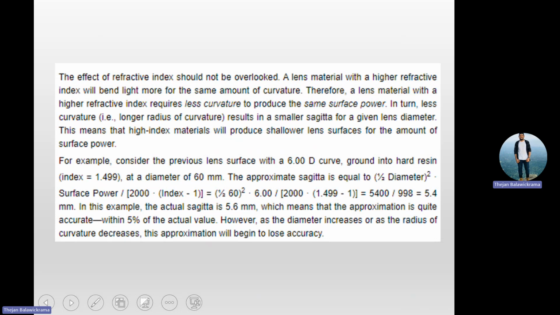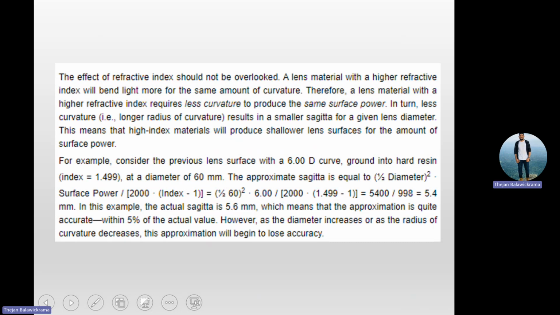A lens material with a higher refractive index will bend the light more for the same amount of curvature, and therefore requires less curvature to produce the same surface power. In turn, less curvature, that is a longer radius of curvature, results in a smaller sag.